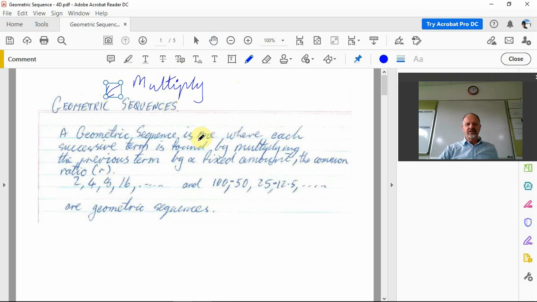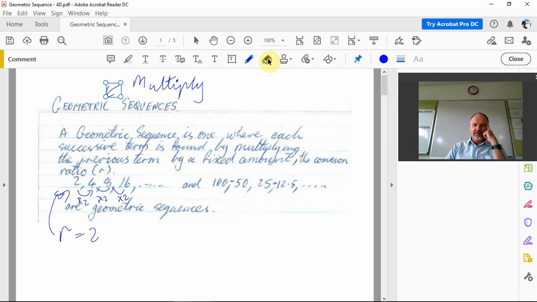A geometric sequence is one where you get a term by multiplying the previous term by a common ratio. So when you have a look at this one, times by 2, and then if you times that by 2, and then if you times that by 2. So the first one, our common ratio, would be 2.